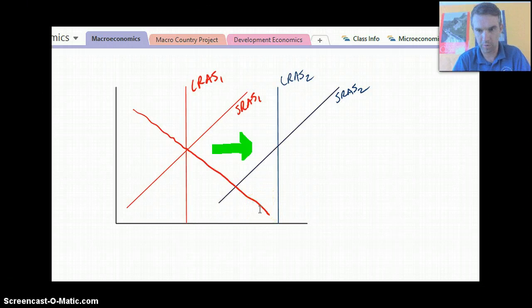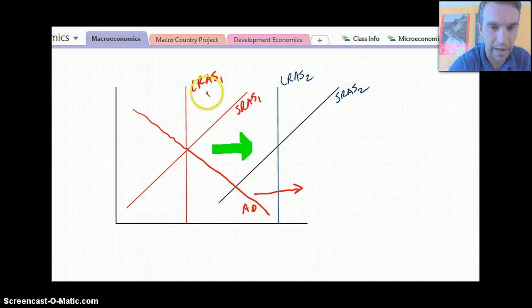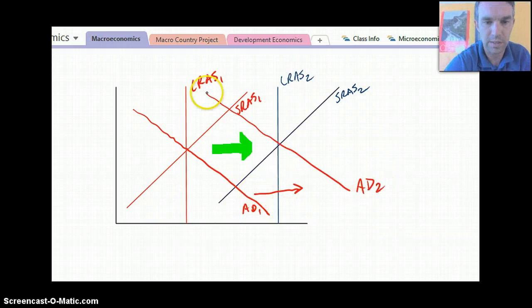So for equilibrium to happen in this case, we would have to see AD start to move off to the right and would eventually end up something like that. Okay? So this gets into a lot of things.